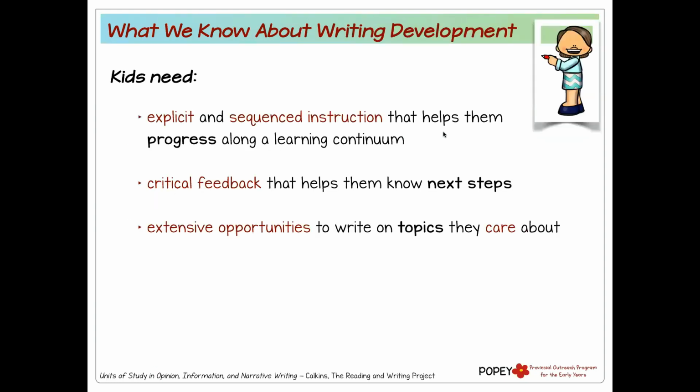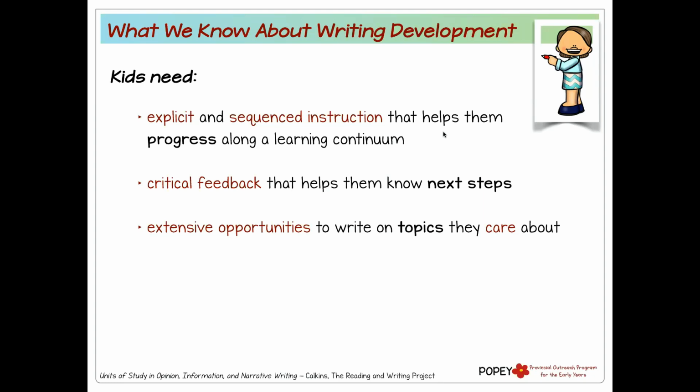Okay, and what we have brought up each of our times that we've got together about writing instruction is this need for explicit and sequenced instruction that helps them progress along a learning continuum. We've talked a lot about the gradual release of responsibility, where we go from modeling to guided practice to some independent work with that scaffolding.